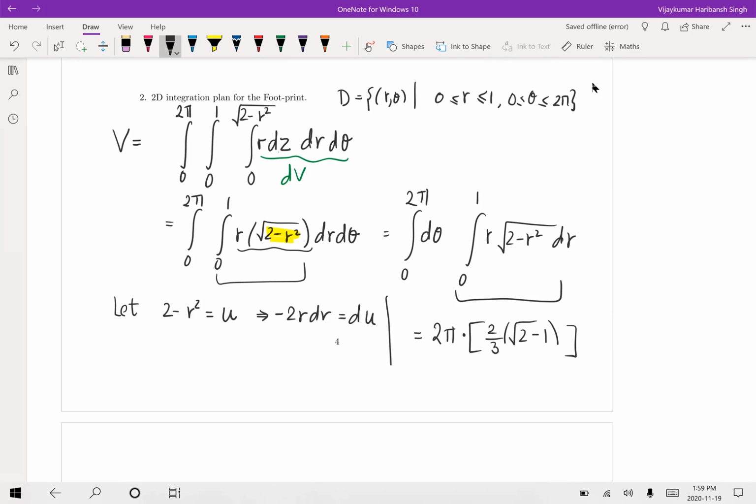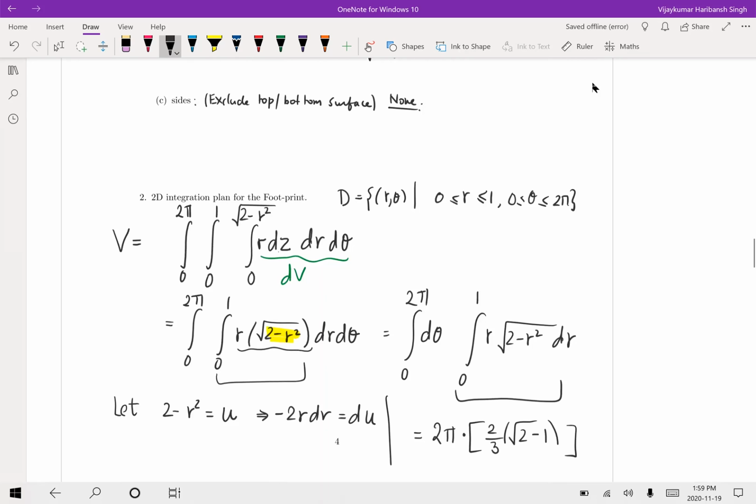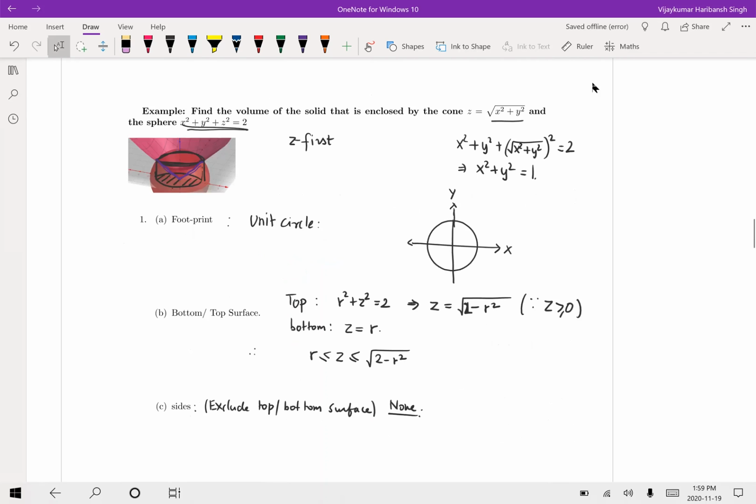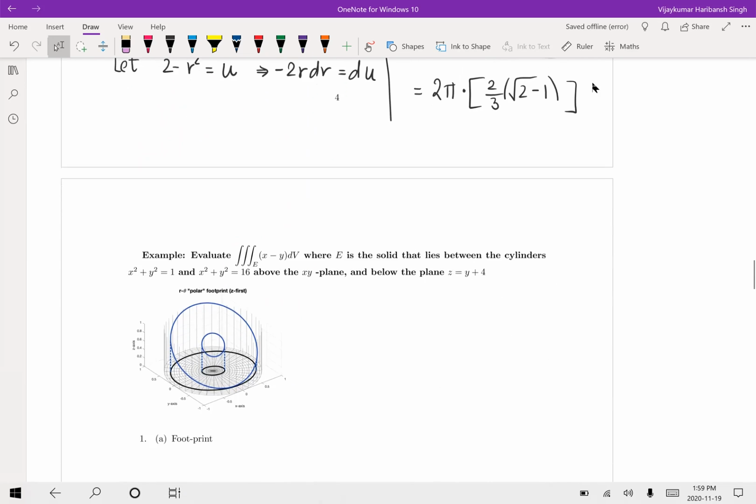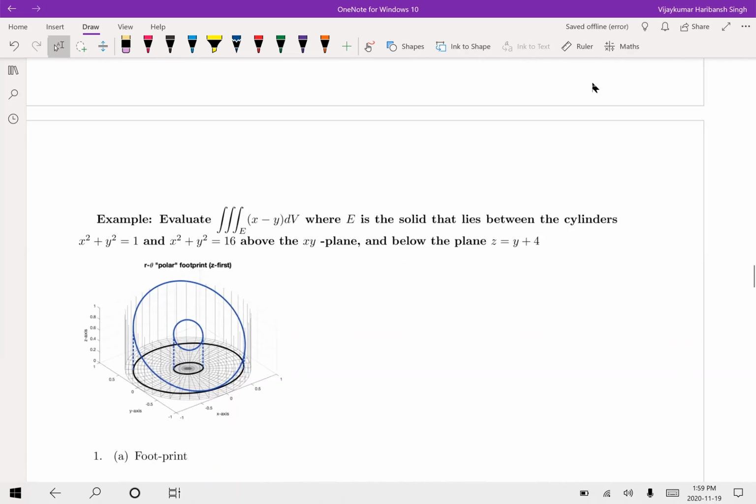So this is your integral. We do the substitution, and then we can do the integral inside. As you saw, you just need to follow these steps and you are good to go. Okay. All right, now let's look at the next problem.